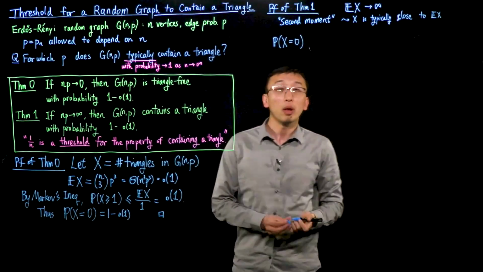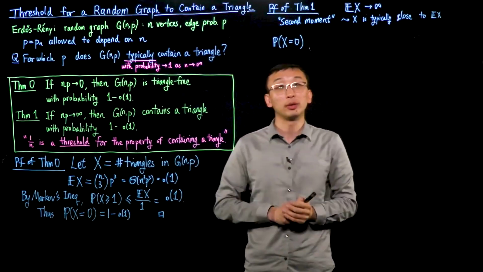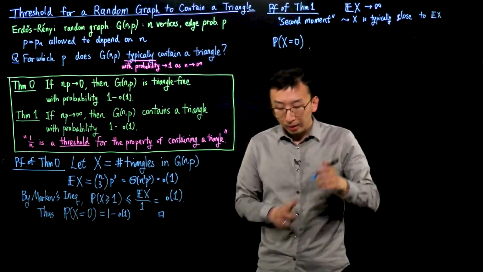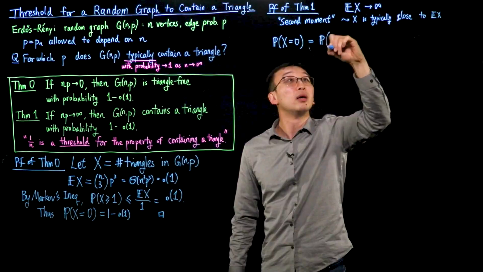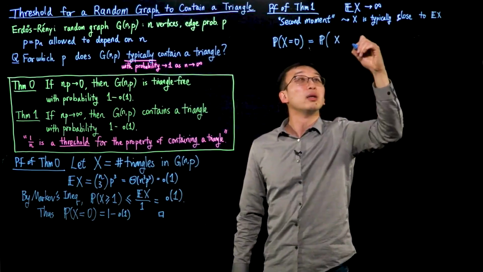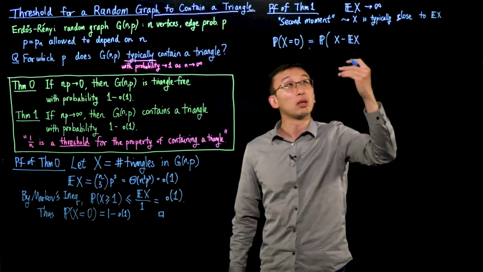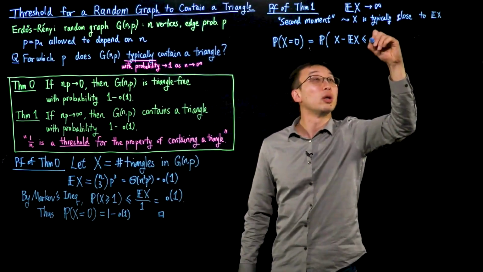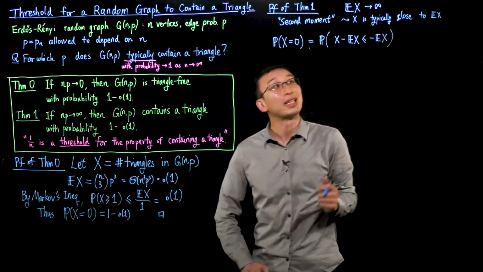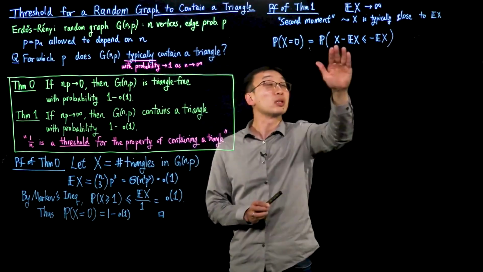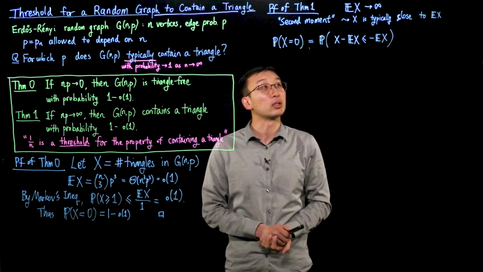Well, if X is equal to 0, and here X is some non-negative quantity, then this statement is equivalent to the statement that X deviates from its mean in the downward direction by the expectation of X. This is the same as X less than or equal to 0, but X is always non-negative, so these two probabilities are equal to each other.